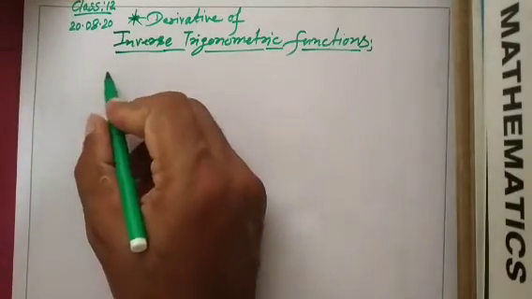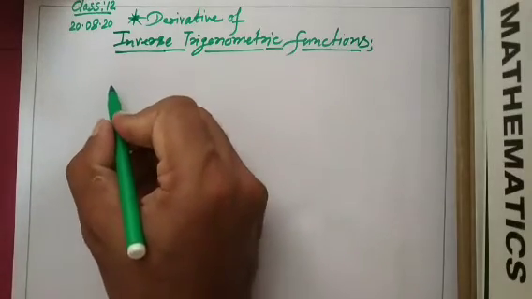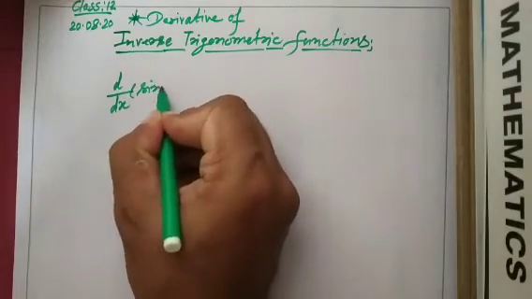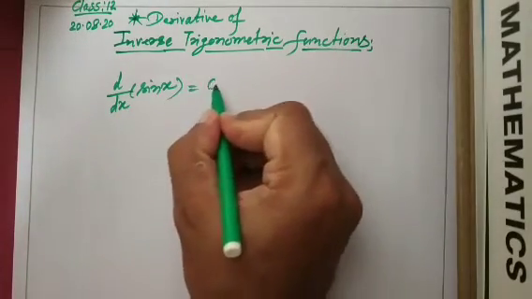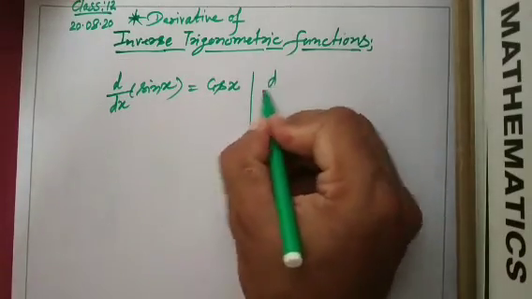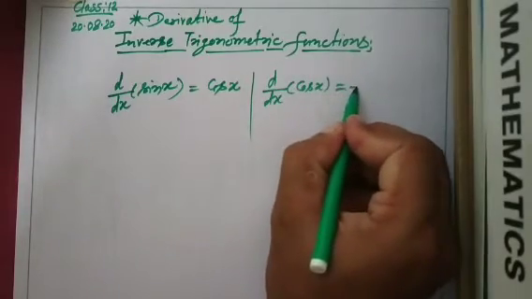So let's just recap the derivatives of trigonometric functions. You know that d by dx of sin x is cos x, and the derivative of cos x is minus sin x.